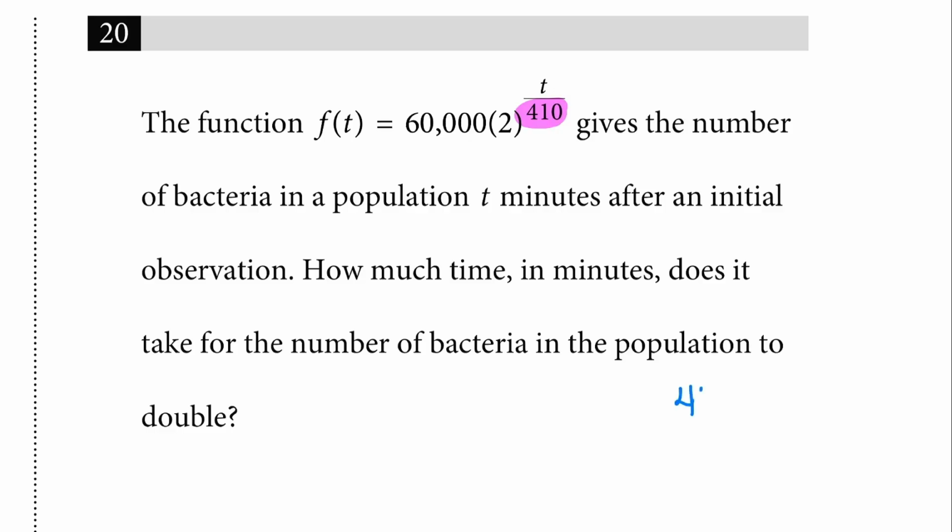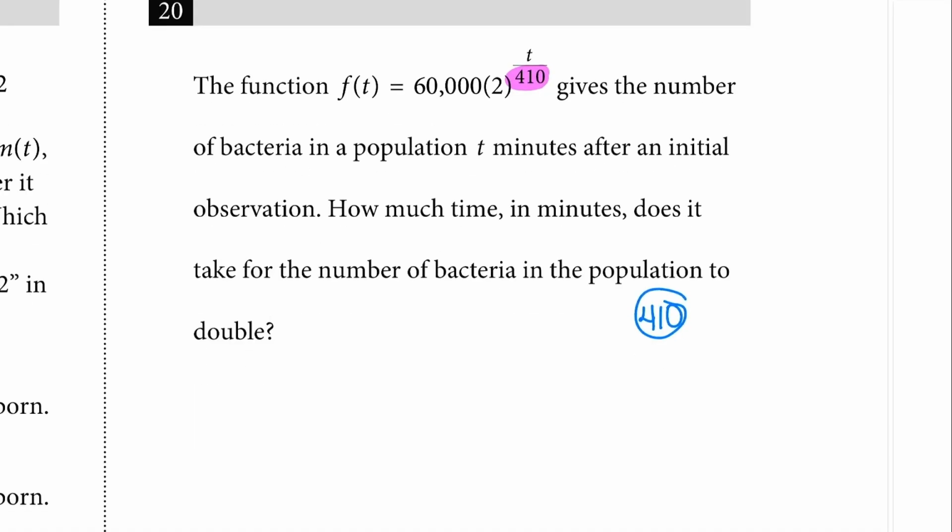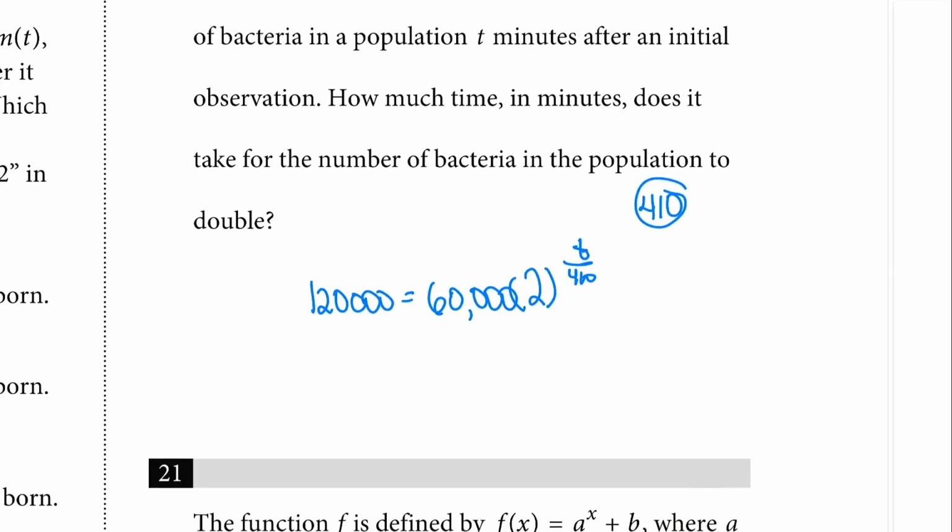Now, if you didn't remember that, there is another way to solve that. The initial population is 60,000. If we were to double that, it would be 120,000. And you can just go ahead and solve this equation for t. If we were to divide both sides by 60,000, we're just going to get 2 on the left side. And that's going to be 2 to the t over 410.